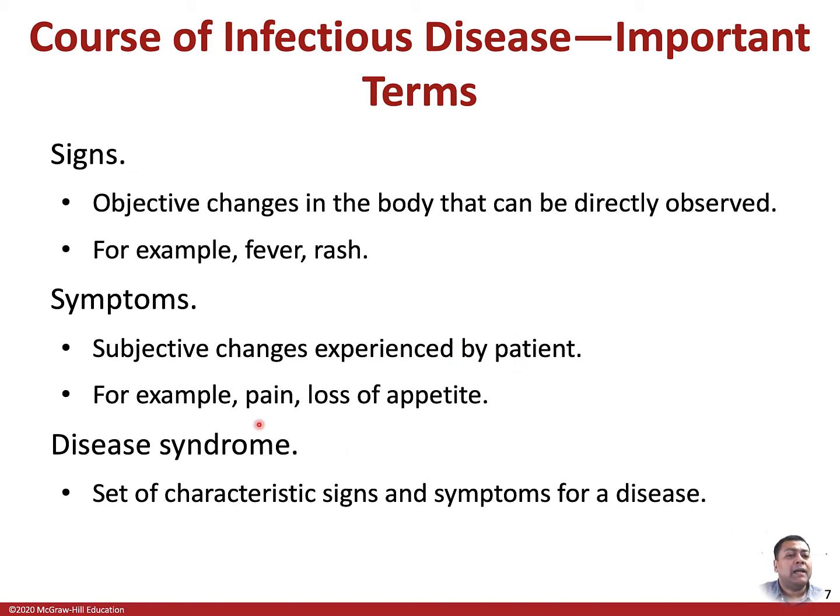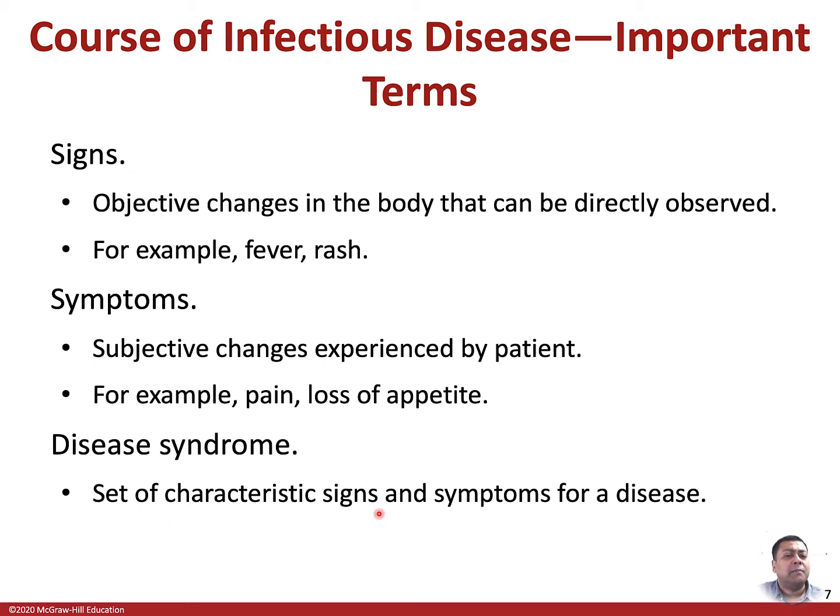On the other hand, a disease or a syndrome is a set of characteristic signs and symptoms for a particular disease. And there are several different types of disease or syndrome. You can have gastrointestinal diarrhea. You can also have a characteristic presentation, for example, when you have strep throat, you do have these characteristic white marks on the tonsils, and the doctor can clearly see and diagnose that you probably have strep throat.